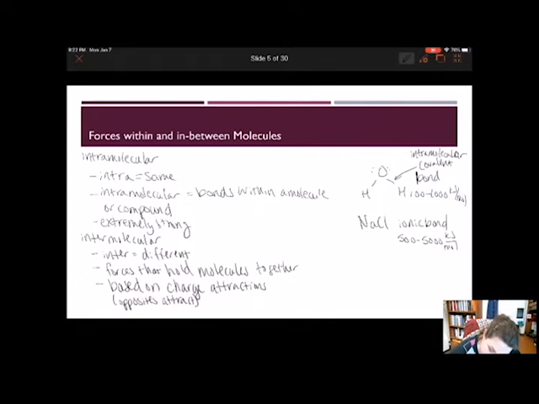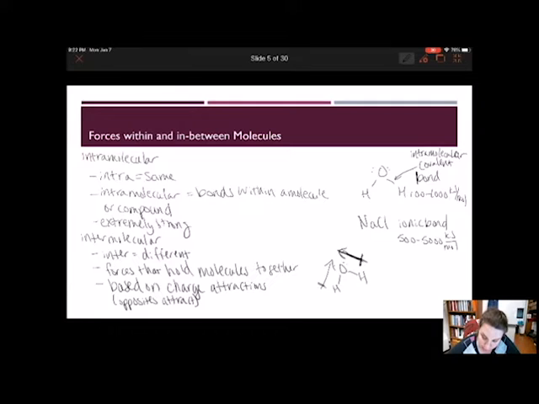So this would be something like this. We remember from 1211, water is a polar molecule. Therefore, it has a dipole that looks something like this, where we've got a positive end and a negative end. Positive end on the hydrogens, negative end on the oxygen.